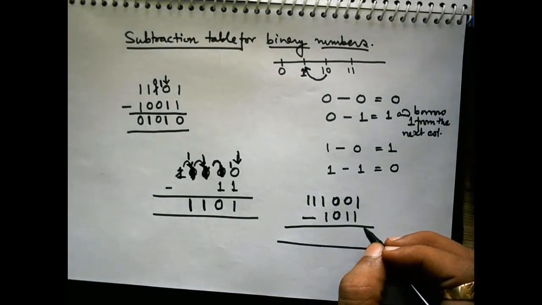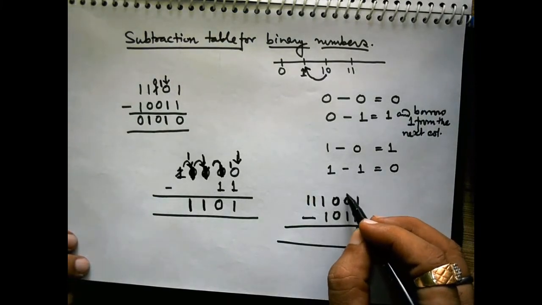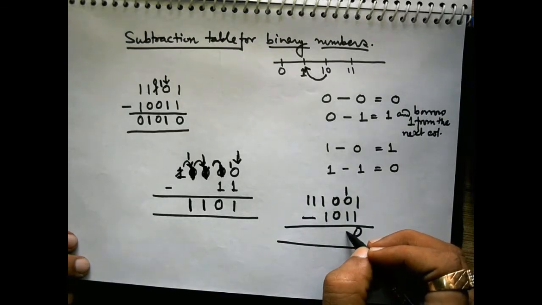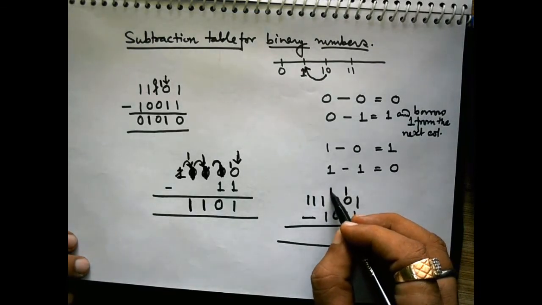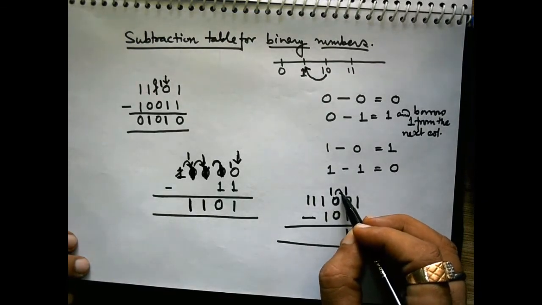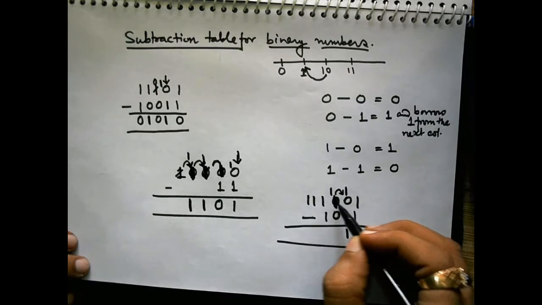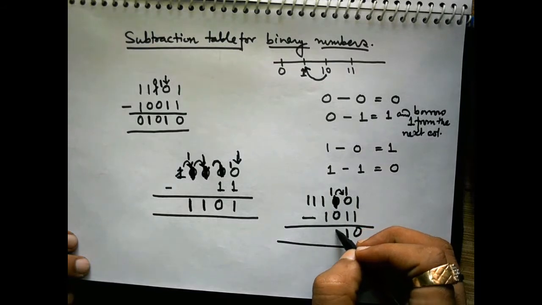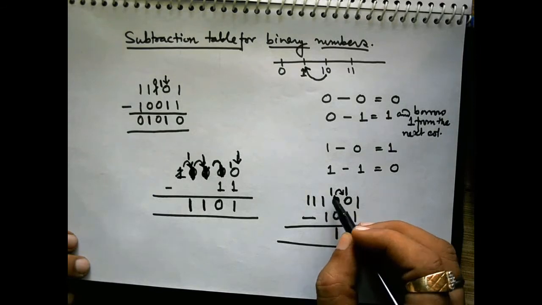it doesn't need any borrow, but this column needs a borrow. It will borrow from the next column and it will become 1 0, and 1 subtracted from 1 0 is 1. It will borrow from here, it became 1 0, but it contributed 1 from its 1 0 to this column, therefore finally it became 1, and 1 0 subtracted from 1 is 1, and by contributing its 1 it became 0.